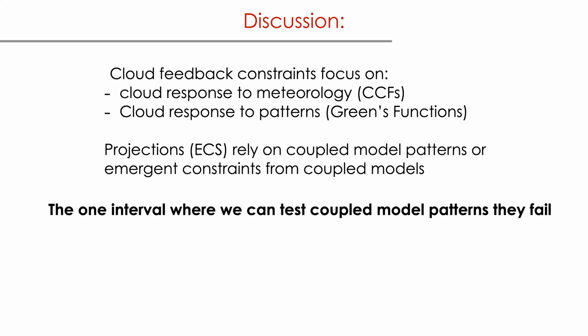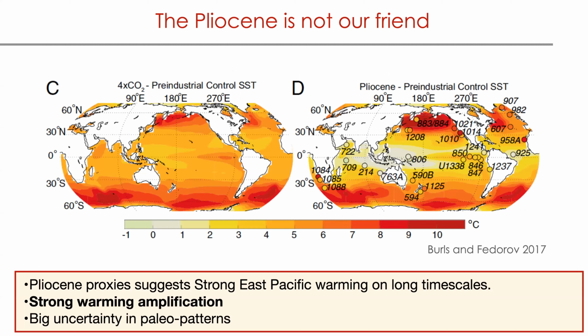This is kind of where I'm at. I don't have a lot of answers. I mostly want to spread around my confusion to everybody, hoping that somebody is going to be able to come up with an explanation. The one thing I will say is that if we look at the Pliocene, for example, as an estimate of what the long-term SST patterns are, the Pliocene is not really our friend.